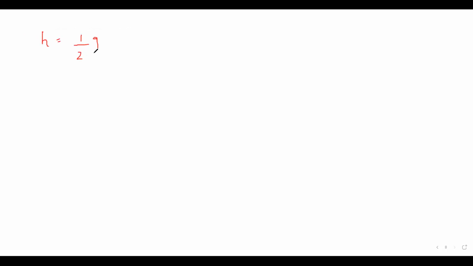This is the equation: h equals 1 by 2 gt square, where g is the acceleration due to gravity, which is a constant 9.81.